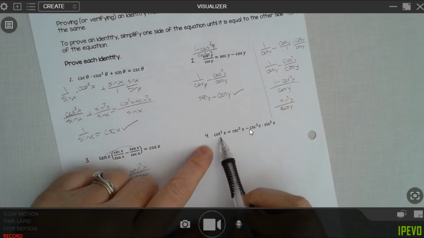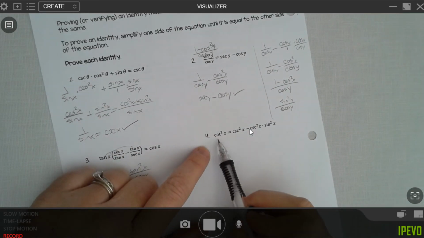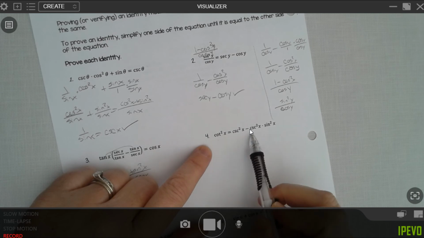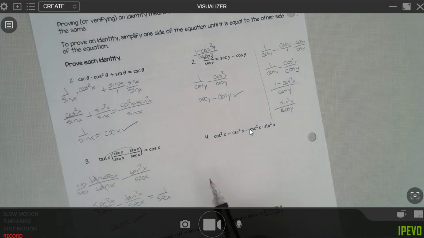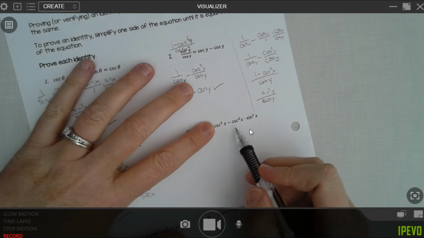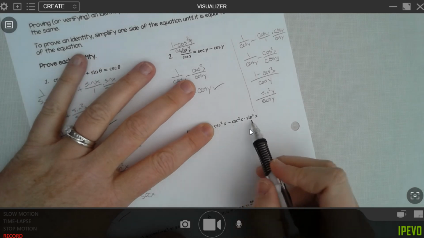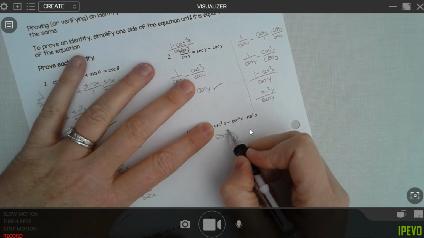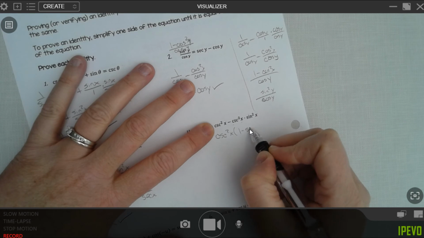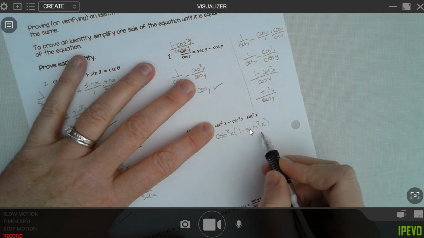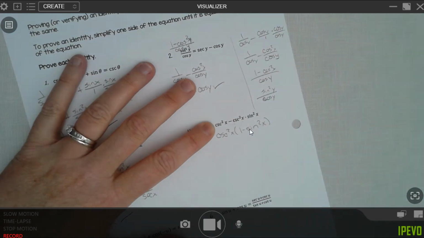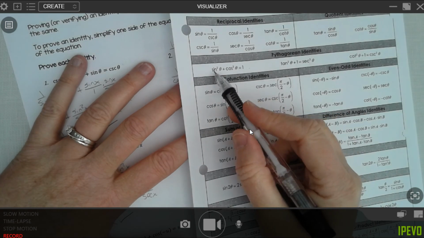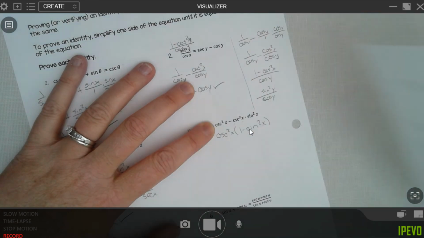All right. So this one right here is going to be nearly impossible for you to work the right side to get to the left side. You would need lots of tricks to get to it. So let's just go ahead and work the right side here. I see there's a cosecant squared in both of those, so I'm going to go ahead and factor that out. And then I notice 1 minus sine squared, that's one of our rules. So if I do 1 minus sine squared, I'm left with cosine squared.